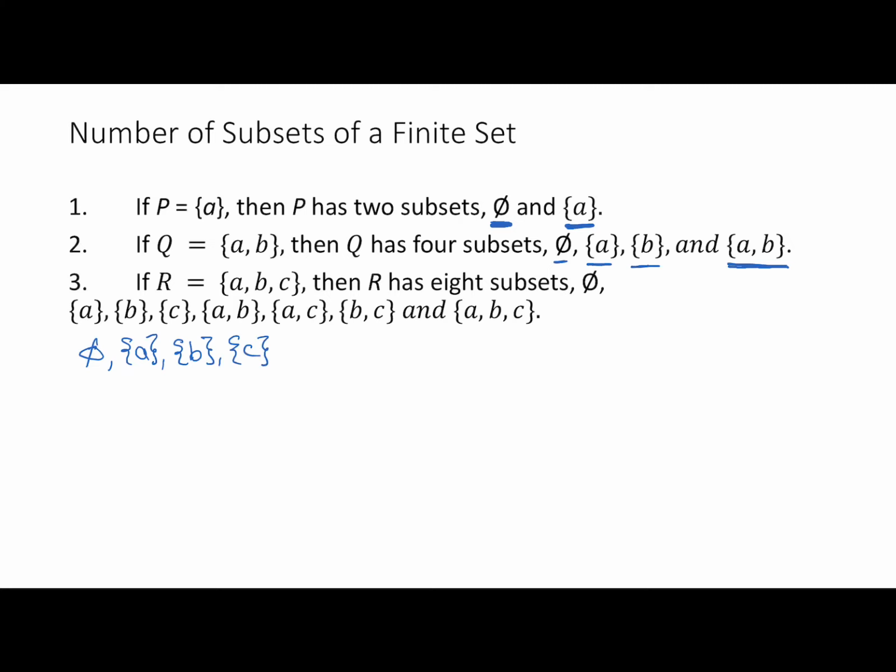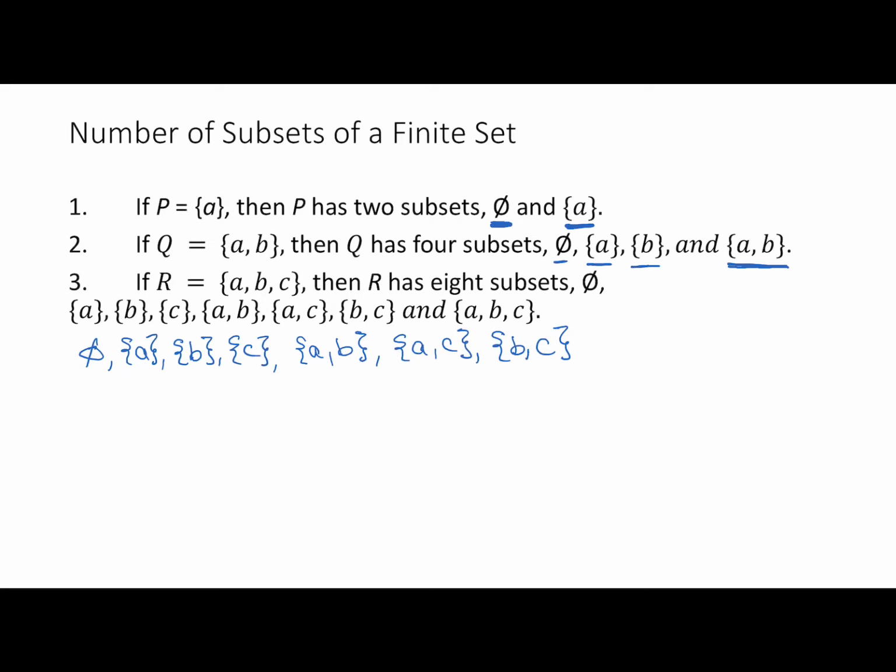Then I want to list 2 element subsets. How many ways could I take 2 elements from the set R? Well, I can do AB, or I could do AC, and those are all the 2 element subsets containing A. Now let's move into subsets with B. I've already listed BA, so the only one left is BC.